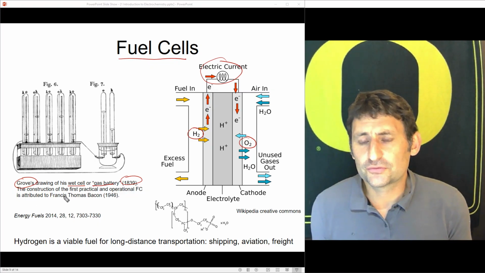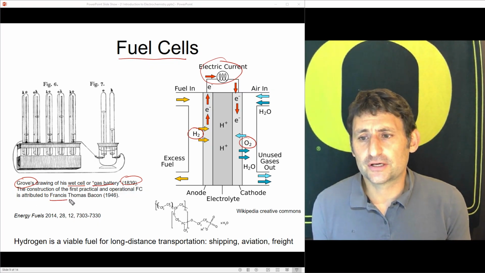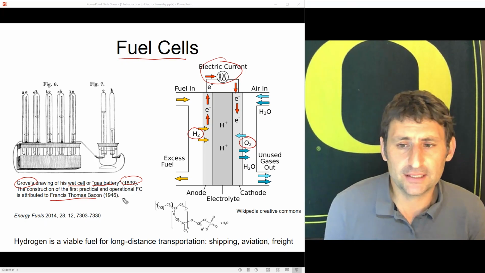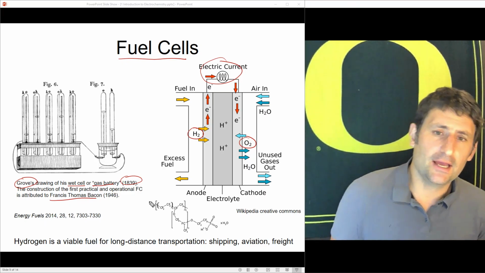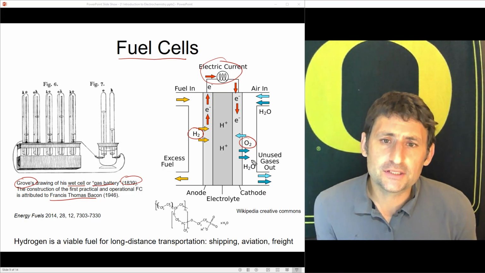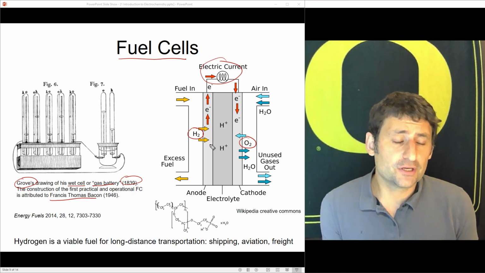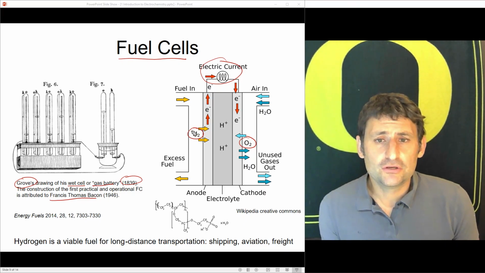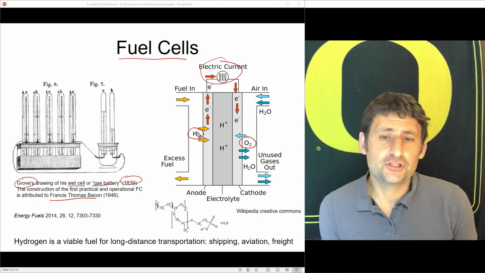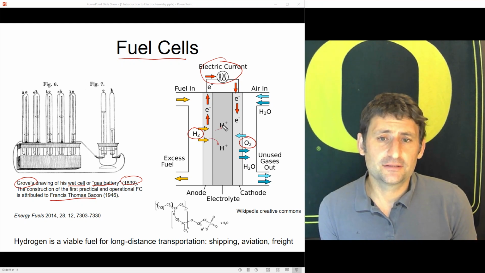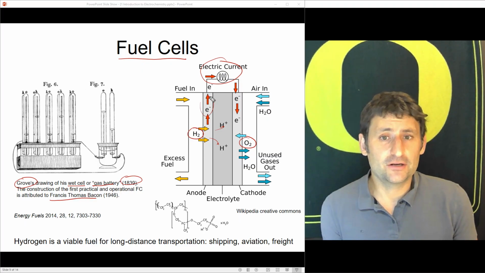And the first really practical and operational fuel cell has been attributed to Francis Bacon in the 40s. And how this works is basically you have an anode. It's essentially the reverse of the electrolyzer I showed you. You have an anode where H2 comes in and is oxidized to make protons, H plus, and electrons. Now those electrons are high energy electrons.